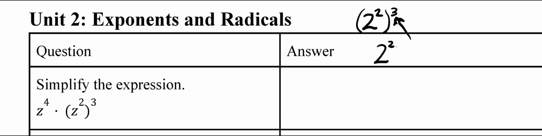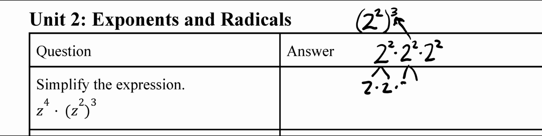So that's 2 squared times 2 squared times 2 squared. And then if I wanted to, I could break each of those 2 squareds down. That's 2 times 2 times 2 times 2, and then another 2 times 2. And there, if I just count, there's 1, 2, 3, 4, 5, 6. I have multiplied 2 out 6 times.